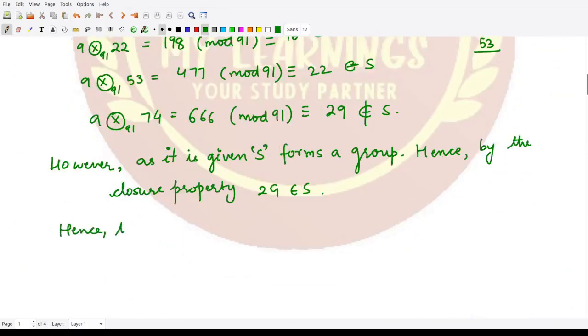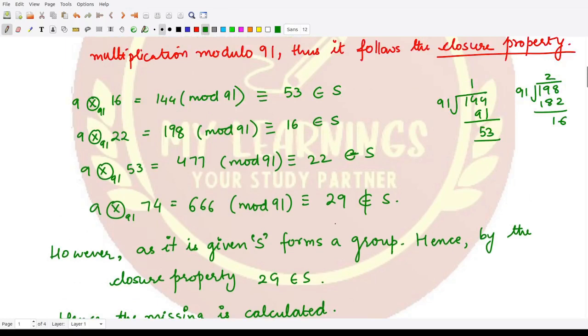The missing integer is calculated. So you see, once you obtain some number which is not present in S, we are done with our calculation. We just have to perform these 4 calculations in order to reach our solution.